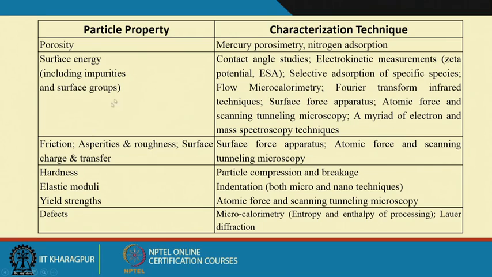Then the surface energy, friction, asperities and roughness, surface charge and transfer. Just for example, take the roughness of your particles. Suppose you are using a bigger particle and you are trying to store it in a container made of metals.